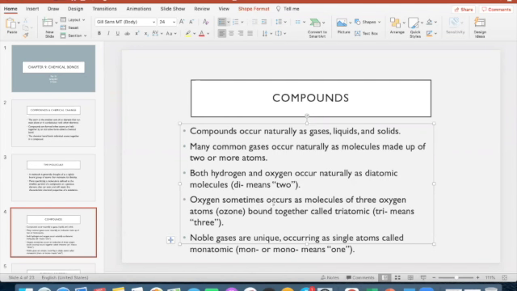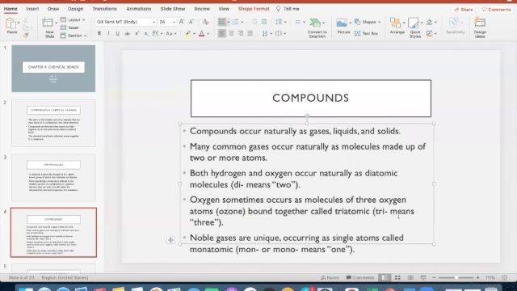Oxygen sometimes occurs as molecules of three oxygen atoms, and that's what we call ozone. So ozone is when you have three oxygen atoms that make up that molecule. When there are three, we call it a triatomic molecule.